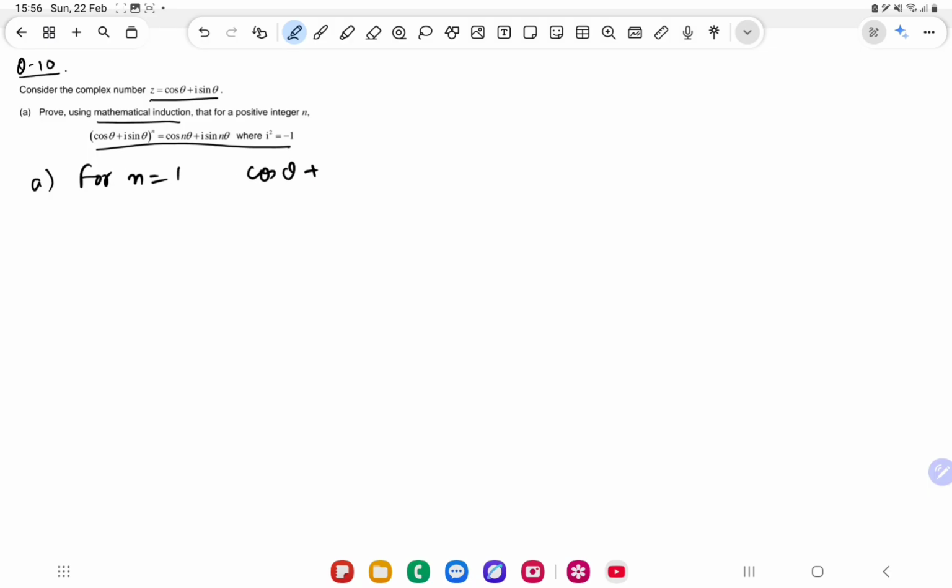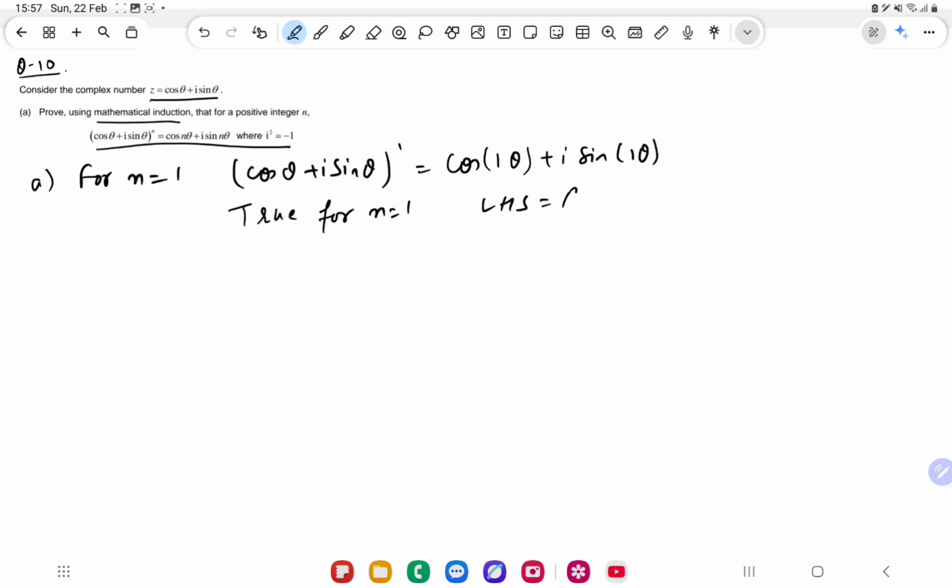If I put n as 1 in the given expression, it will be the power 1, that is nothing but cos 1 times theta plus i sin 1 times theta, which is nothing but cos theta plus i sin theta. So we can say that it is true for n equals 1 as LHS equals RHS.